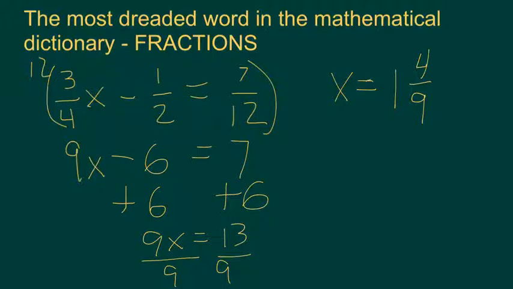Since we did start this problem with fractions, the answer should stay as a fraction. Do not convert this to the decimal. The decimal value would be 1.4 repeating, but again, since we started with fractions, your answers should remain in fraction form. Mixed number preferably. Improper fractions are not really the best way to leave your fractions.